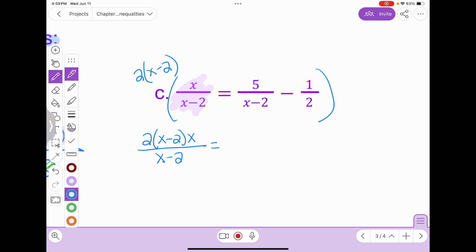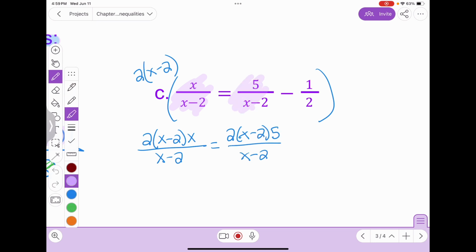Equal sign. 2 times x minus 2 times 5 over x minus 2. That fraction's gone. Minus sign. 2 times x minus 2 times 1 over 2. That fraction's gone. Now I simplify.